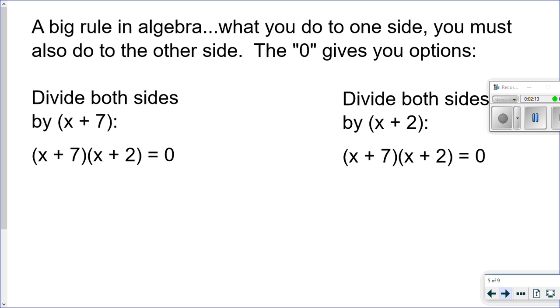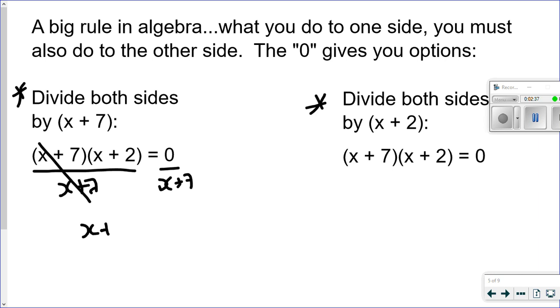Big rule in algebra. Whatever you do to one side, you got to do to the other. So since there's a 0 here, it gives us options. We can divide both sides by x plus 7, or divide both sides by x plus 2. And the reason this is important, that crosses out, right? They cancel out. 0 divided by anything is still 0, which means we're left with x plus 2.